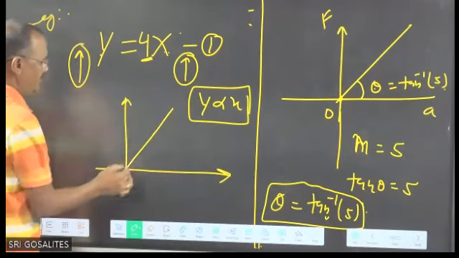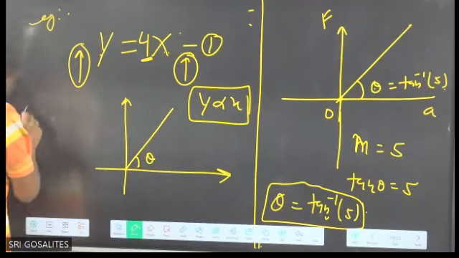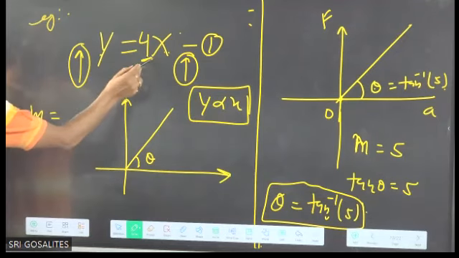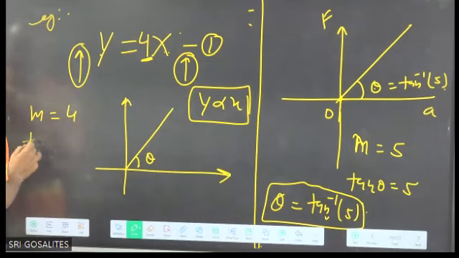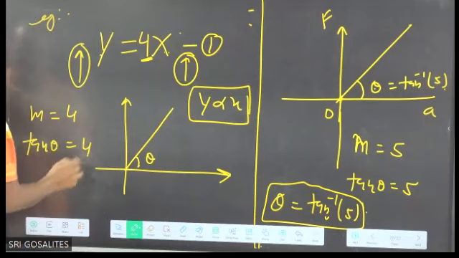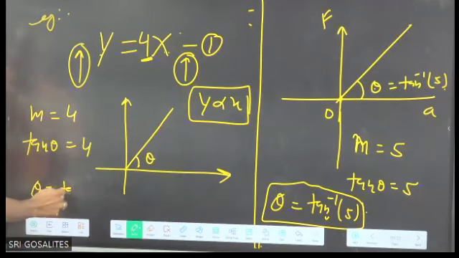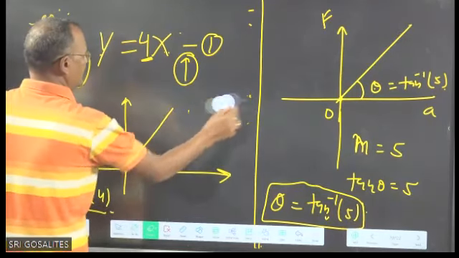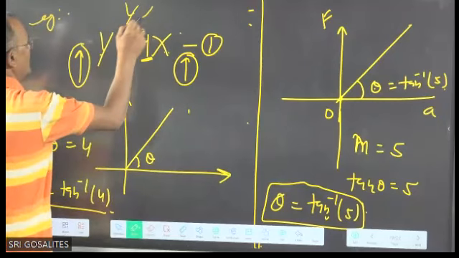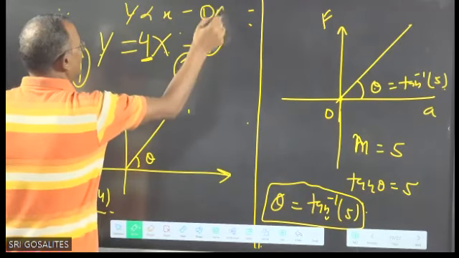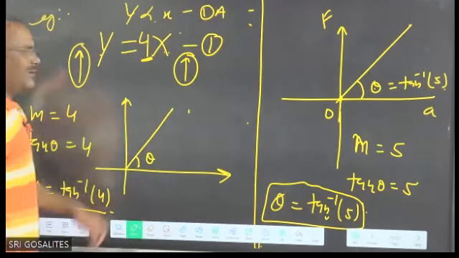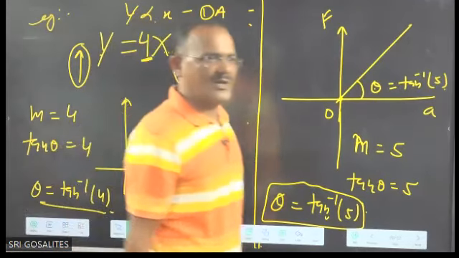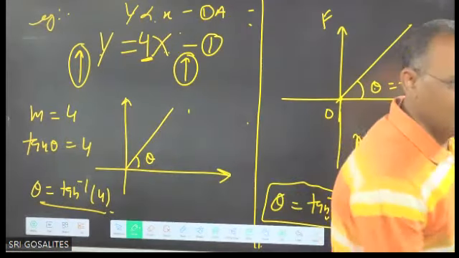What is the m? Come on, tell me. M is this 4. Tan theta is 4. How much angle is the line making? Tan inverse 4. Suppose y is proportional to x. This is the relation. If we remove the proportionality sign, then suppose the constant 4 comes. Okay, right.